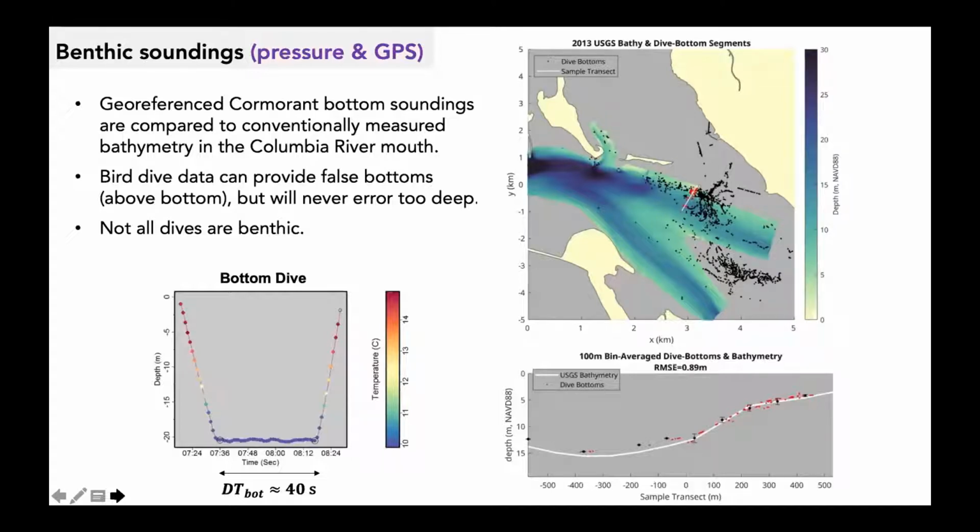Certainly birds are not going to provide a false bottom, so they can't dive below the sea floor, but we could err too shallow. You can see some of that on the plot at the bottom here, where there are some birds that dove below the estimated USGS bathymetry.